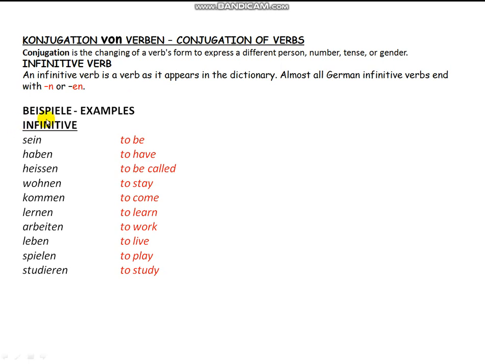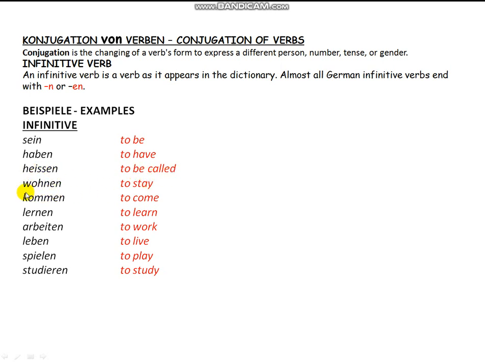Now here we have examples of German infinitive verbs. Examples in German is Beispiele. So the first one we're going to learn is the verb sein, which means to be. Haben, to have. Heißen, to be called.